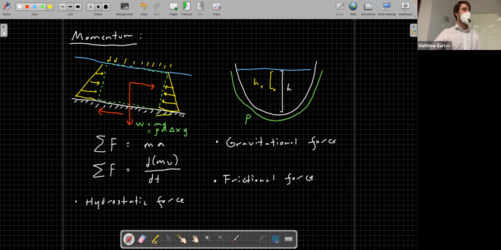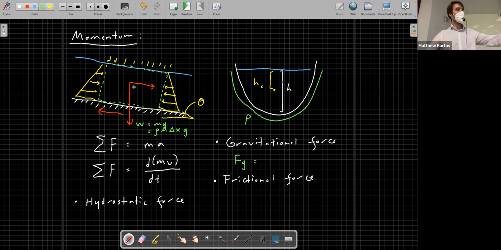So this is going back to physics 101. Let's say that the channel bottom has an angle, let's call this angle theta. Okay, so our gravitational force, I'll call it Fg, is just equal to this expression here times sine theta. So this is just going back to your old physics class.